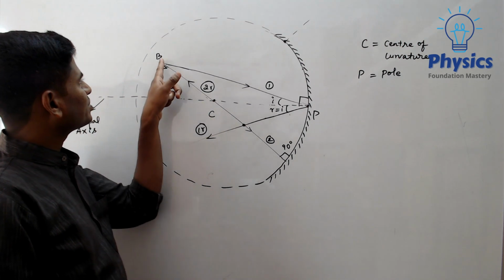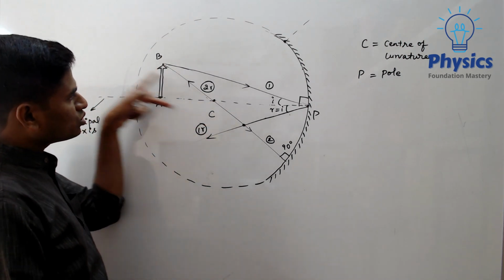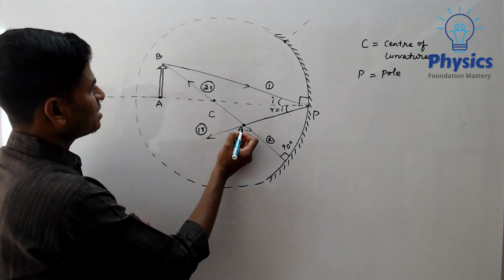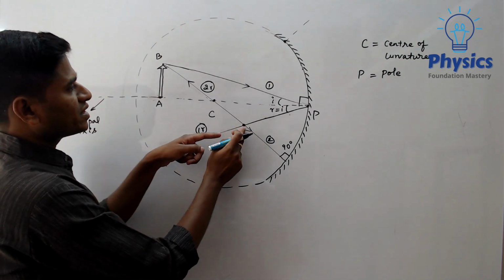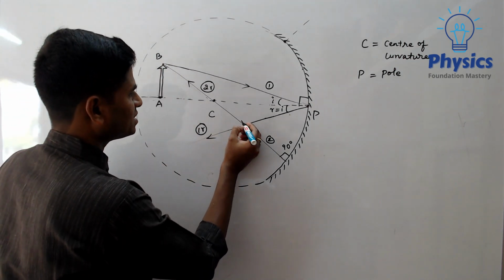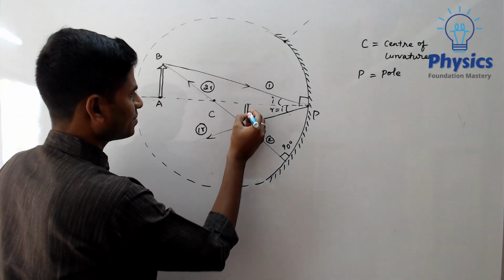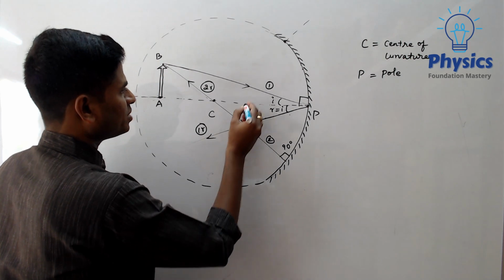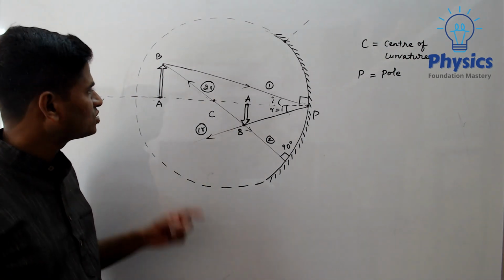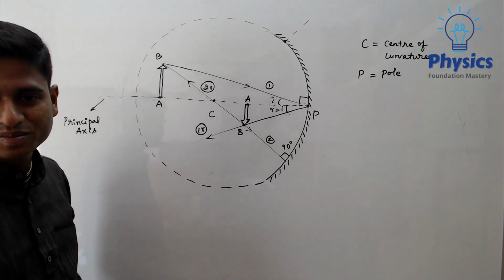When these two rays reach my eye, what I feel is that the position of B is somewhere here, or the image of AB is formed here. B appears to be here, A happens to be here. So what you see is that it gets inverted.